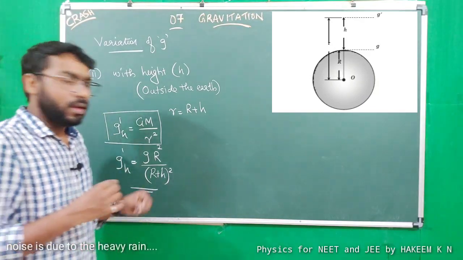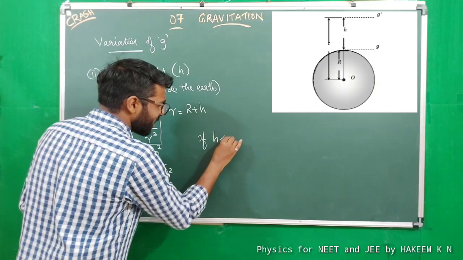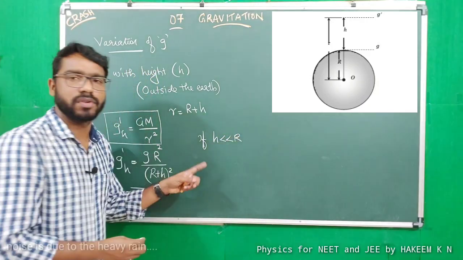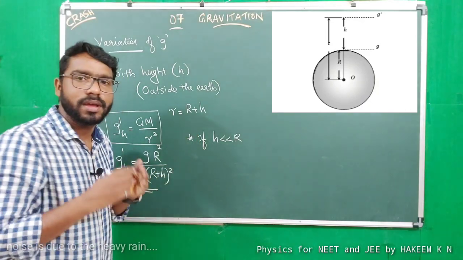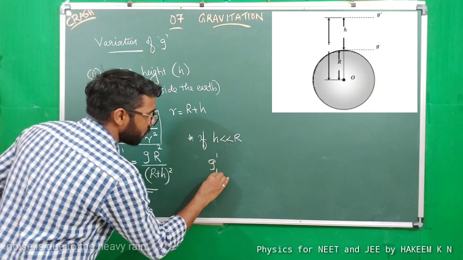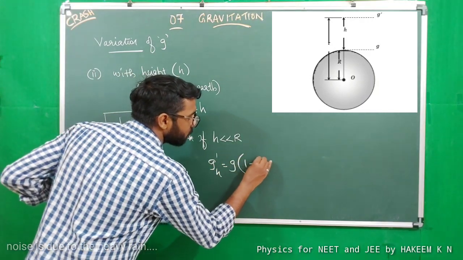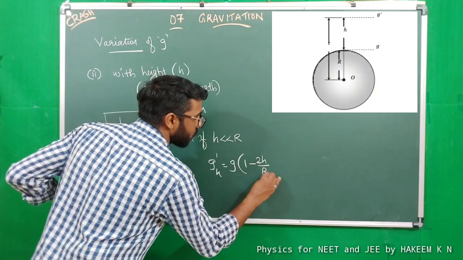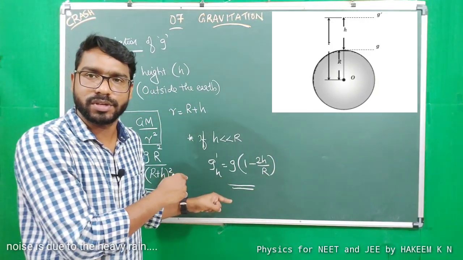If the height is negligible compared with the radius of Earth, then applying the binomial theorem, we will get g' with the height equal to g into (1 minus 2h by r).